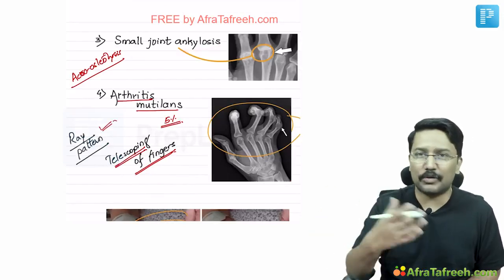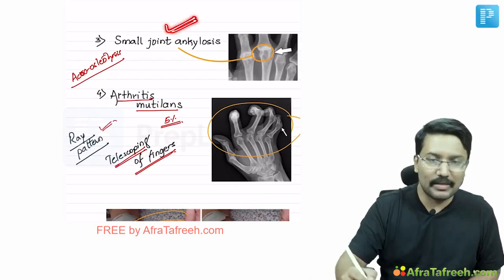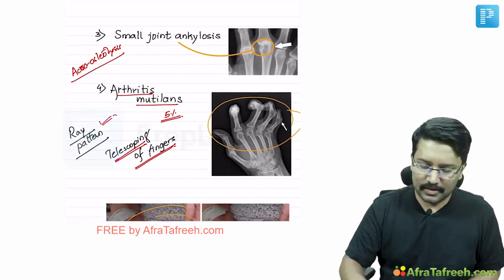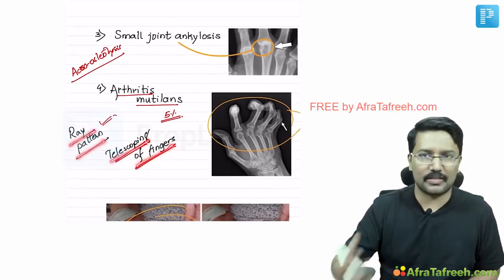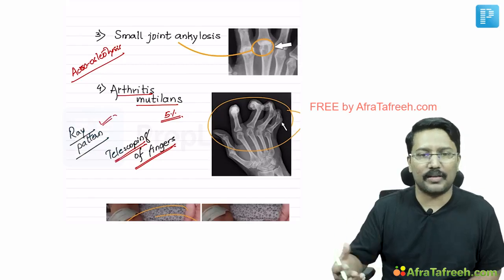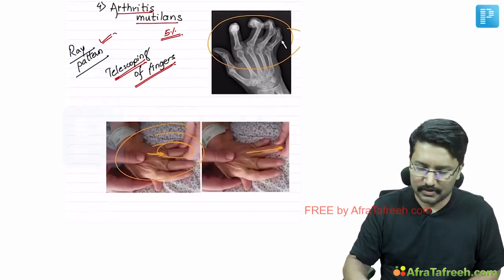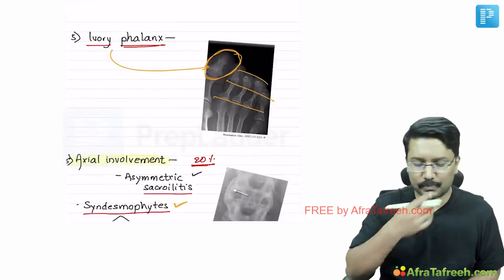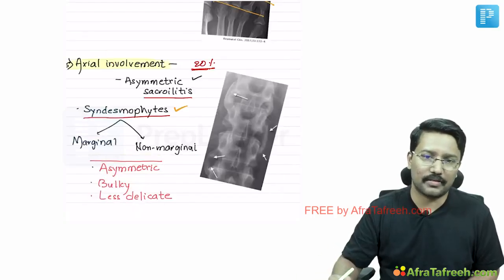There are various other disorders like rheumatoid arthritis that may also cause small joint ankylosis, but this is also seen in these patients. Arthritis mutilans, ray pattern of distribution, telescoping of fingers, yes, these are all characteristic. Ivory phalanx, again, is characteristic of psoriatic arthritis.